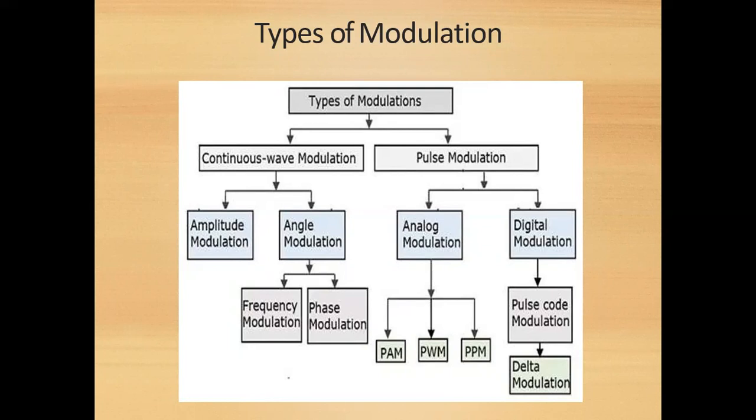These are some types of modulations. In future sessions, we will first see continuous wave modulations: AM, FM, PM. In one module, we will observe amplitude modulation. In the other module, we will discuss frequency modulation and then phase modulation.